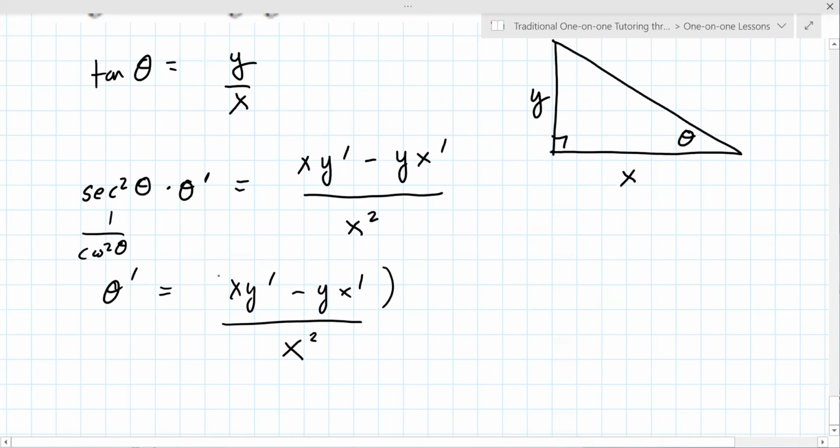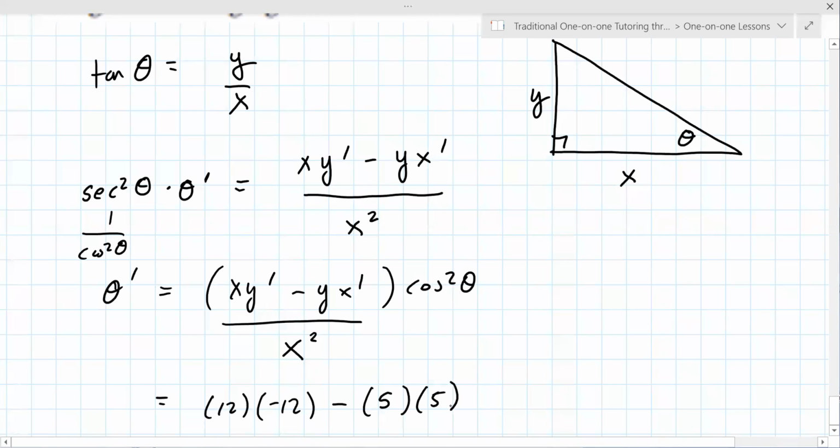So there's now a cosine squared in the numerator. We've got some of these values. X is 12, y prime is -12, minus y is 5, x prime is 5, and then x is 12.